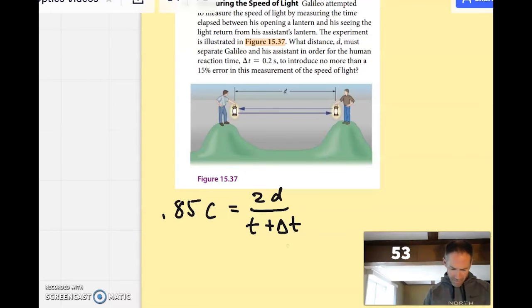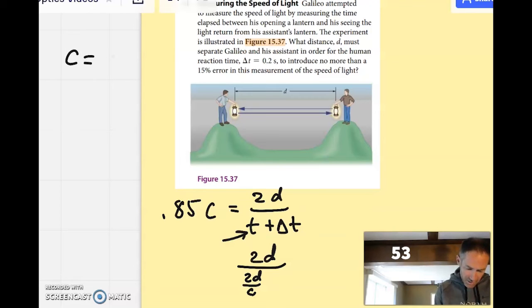Okay, so now this time right here, of course I don't know it, but what I could do is make that 2 times the distance divided by the speed of light. We all know that speed of light is distance divided by time, and so time is whatever the distance is, here 2 times the distance between the observers, divided by the speed of light. And so there we go.